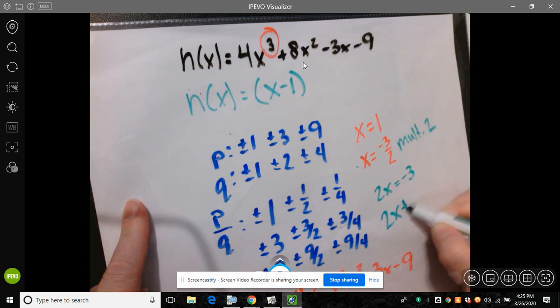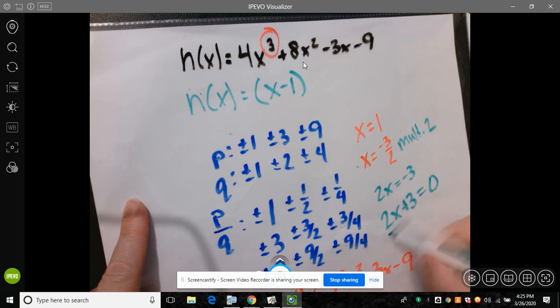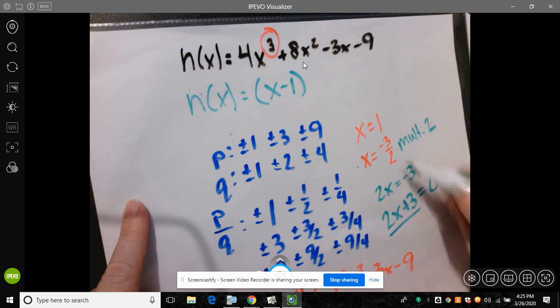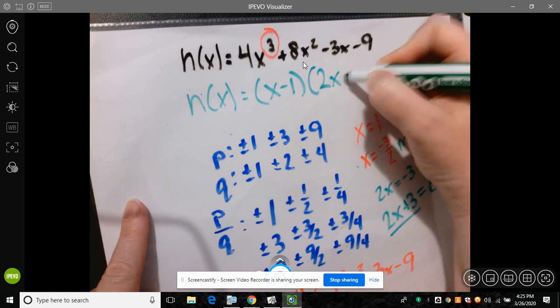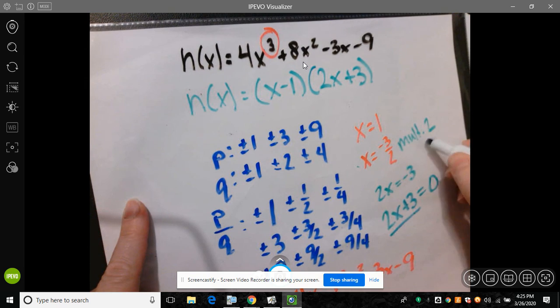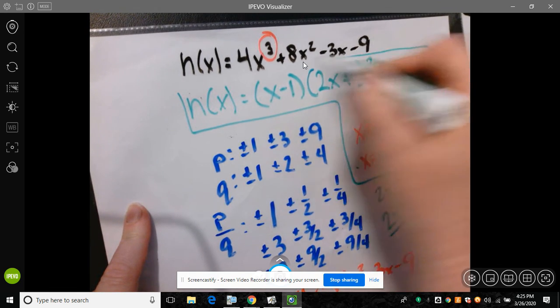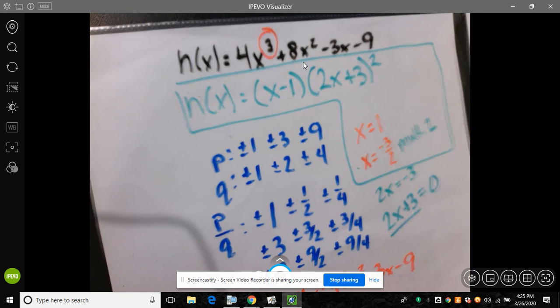So 2x plus 3. So I'm really kind of unsolving it. This is actually what you're going to write. So the coefficient of the x always starts in the denominator. So it's going to be 2x plus 3. And the fact that it's a multiplicity of 2 says it's squared. So if they're wanting all those answers, factored form and zeros, those are going to be your two answers on this.